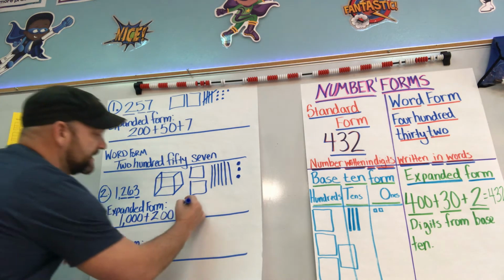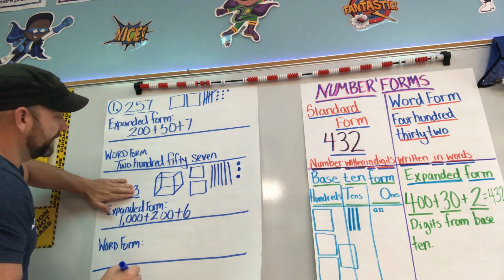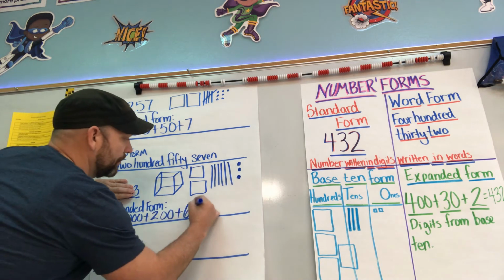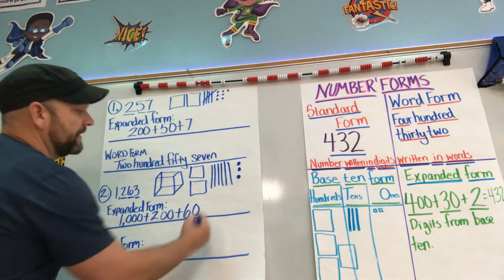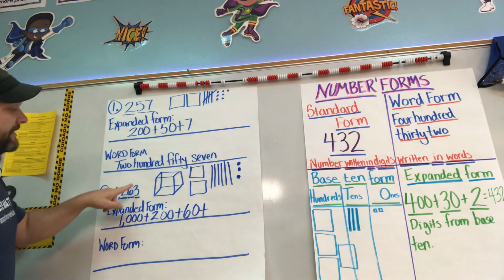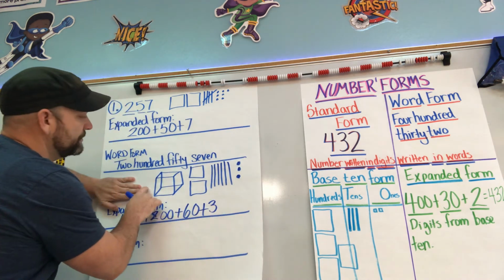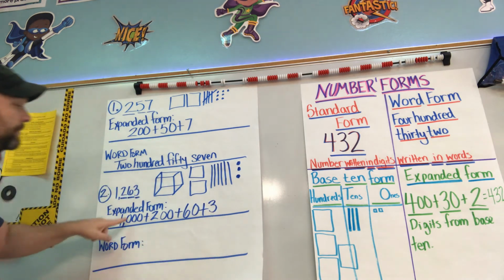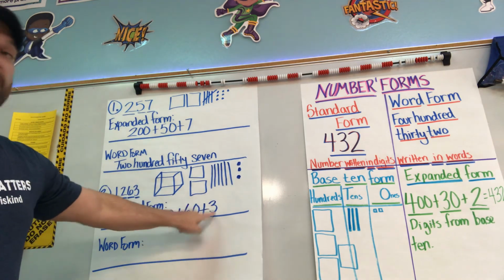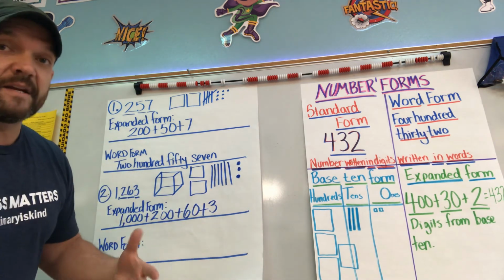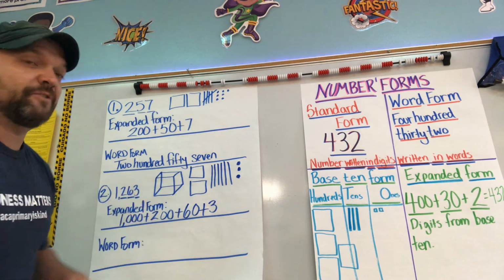We write down the 6, then we cover it up, there's 1 space, so we put 1 0, and then we put our plus sign. And then we go to the 3, we cover up the 3, write it down, there's no spaces, so there's no zeros after it. 1,263. It sounds the same way as it does when you say the number, 1,263.